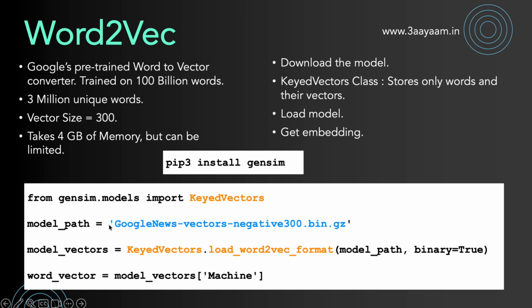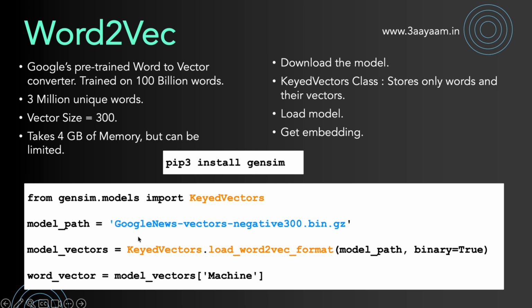And then we'll use this model to generate vectors for words. So we'll use this model_vectors and pass any word. We can pass any word for that matter. Here I'm showing you the word machine. It can be IAM, it can be GenAI, LLM, data engineering, mechanical, civil, anything, and we'll get the vector of that word.